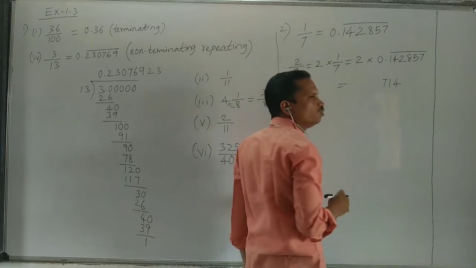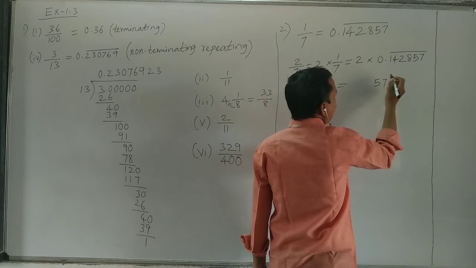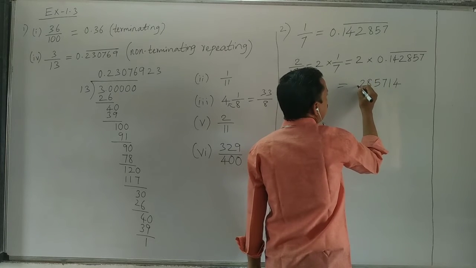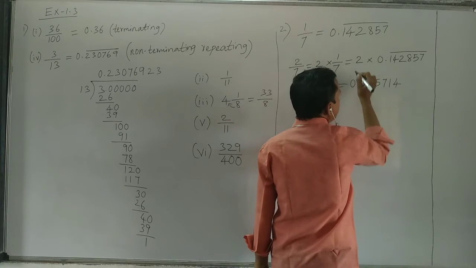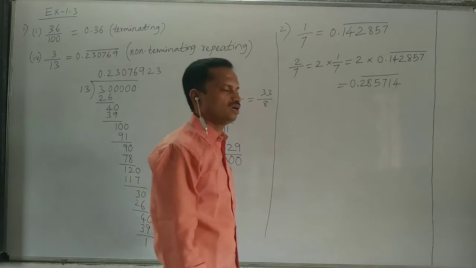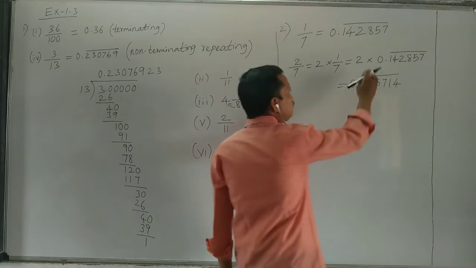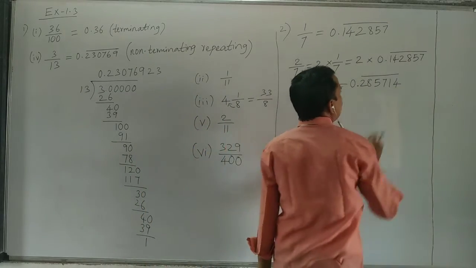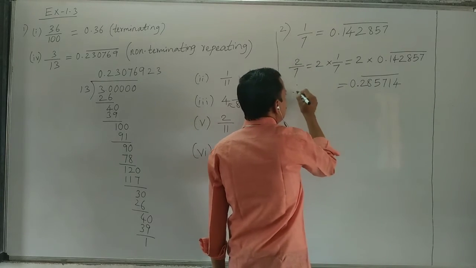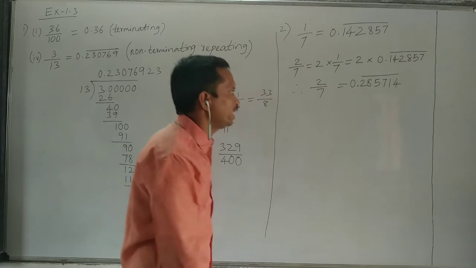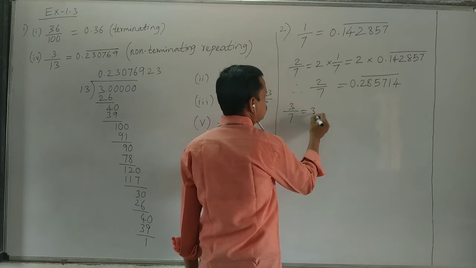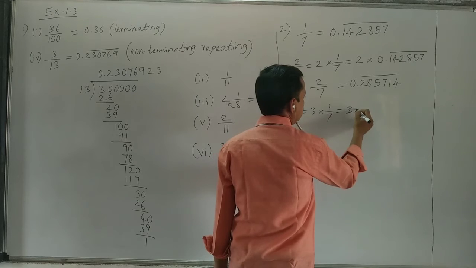Then 2 into 2, 4, 4 plus 1, 5. Then 4 into 2, 8. Then 1 into 2, 2. Then point, and 0 into 2, 0, and then you put bar on this: 285714. We just multiply all these digits by 2 and put a bar because these digits will repeat. So 2 by 7 is equal to 0.285714 bar. Like that we can do 3 by 7 as 3 into 1 by 7. 3 into what is 1 by 7?